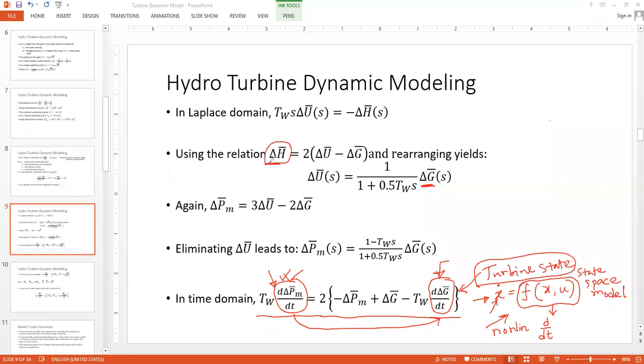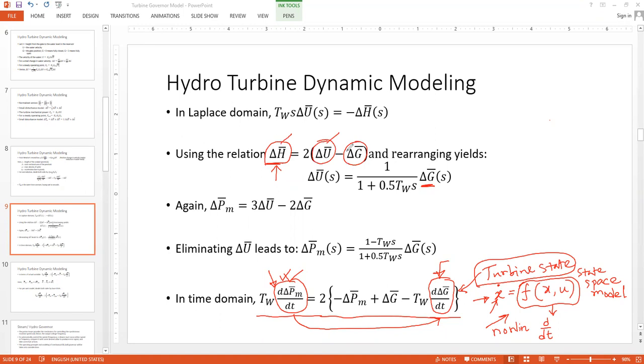Just in short, yes or no? No problem. Can you recall any of the symbols, Anas? Del H, del U, or del G? Okay, you couldn't attend the last class.